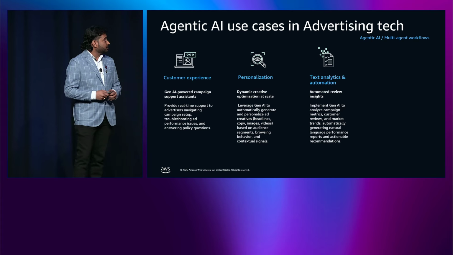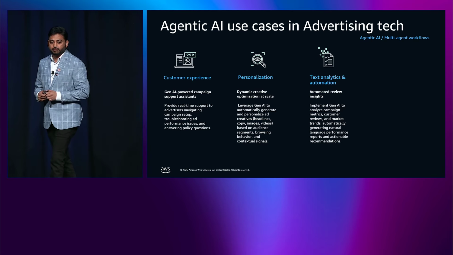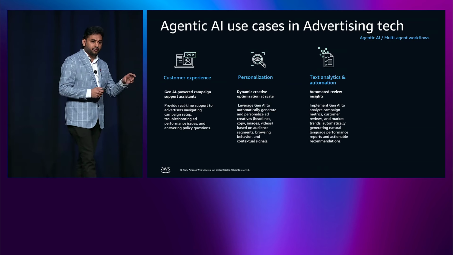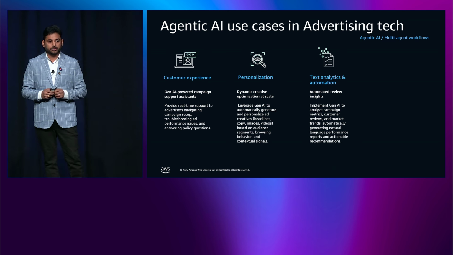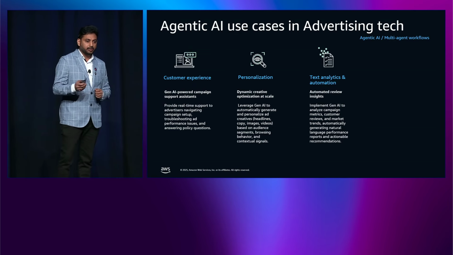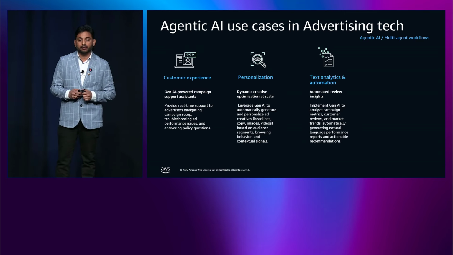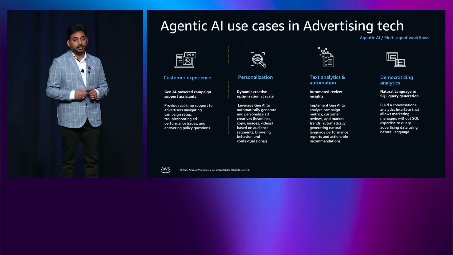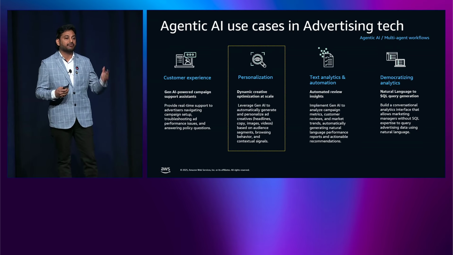This is my personal favorite, text analysis and automation. Many of you must have seen on Amazon.com the Rufus agent, which predominantly helps you by summarizing all the reviews and giving you insights about the products. That's another use case where we are seeing huge growth in how agents are being used. And then comes democratizing analytics. This is where the actual insights help drive the business.